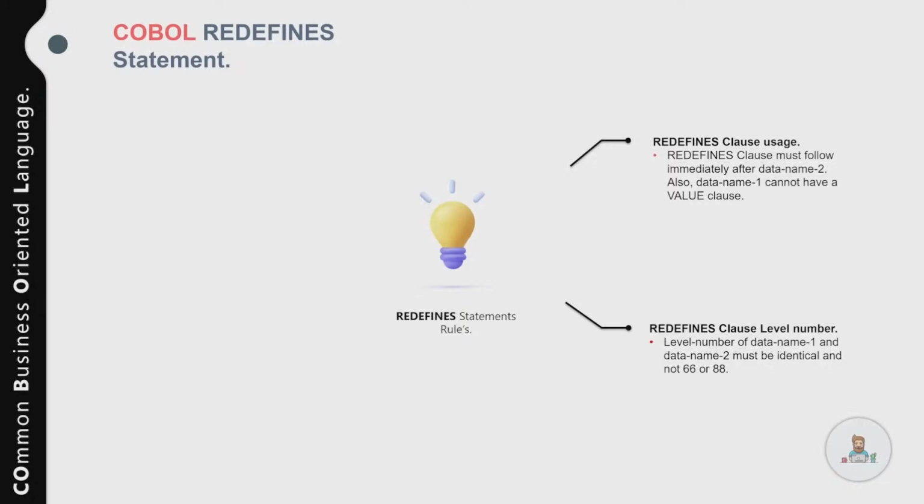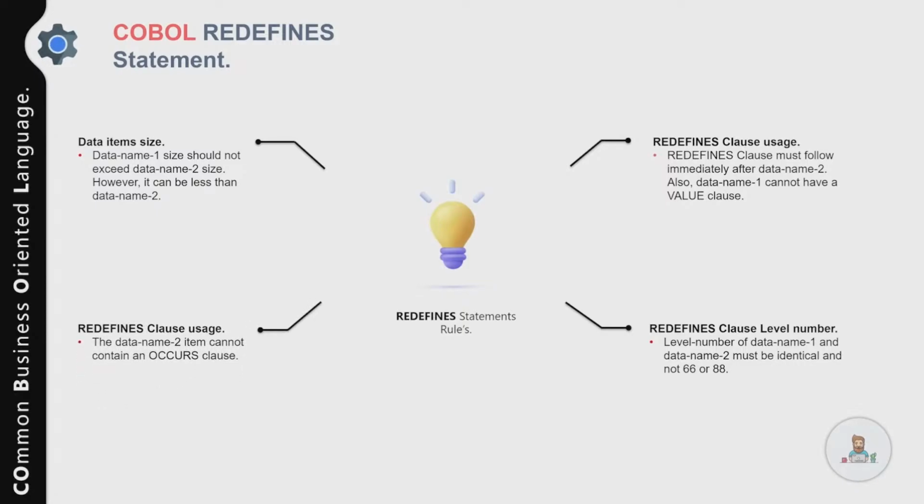The level number of data item 1 and data item 2 must be identical, and you should never use level 66 or level 88. The next one is regarding the data item size. Data name 1 size should not exceed data name 2 size. However, it can be less than data name 2. And the last one is, in case you're using the redefine clause in an array or table, then the data name 2 item cannot have an occurs clause.